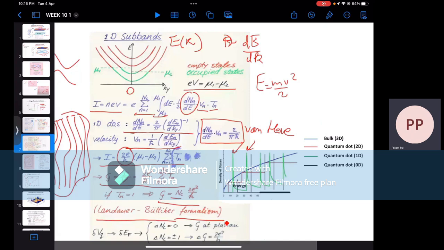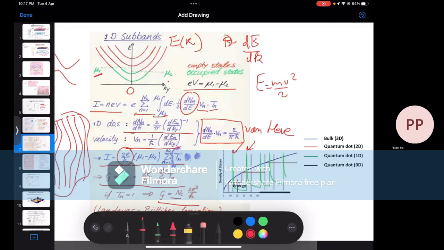This is where the fact that it's ballistic comes into play. The way you can see it is that for all of the momenta in the positive direction, ky, electrons are going to have chemical potential mu2.